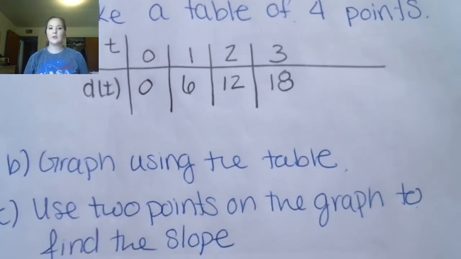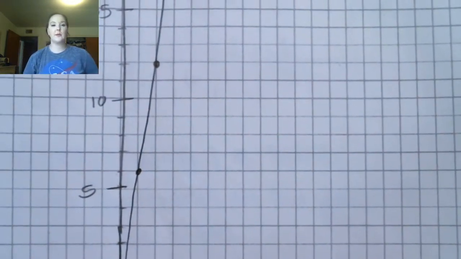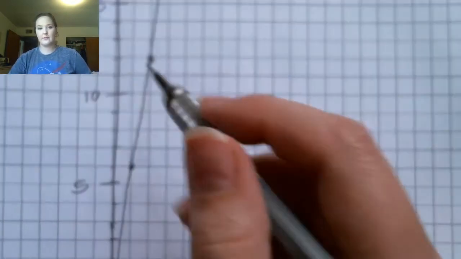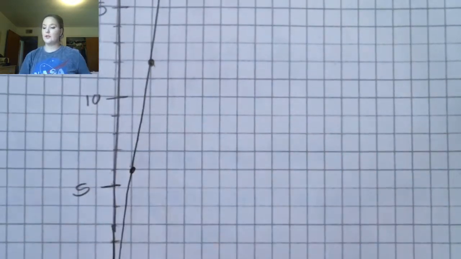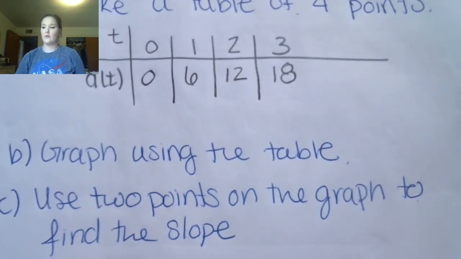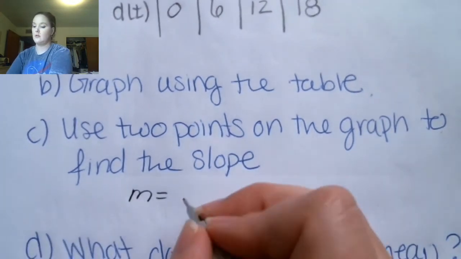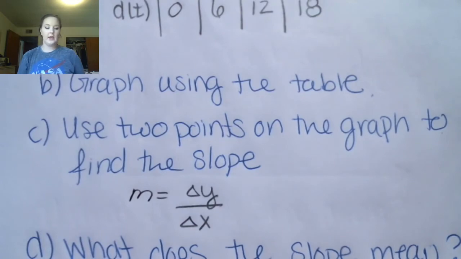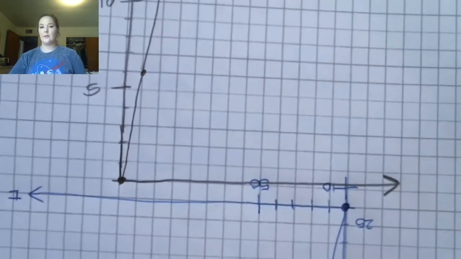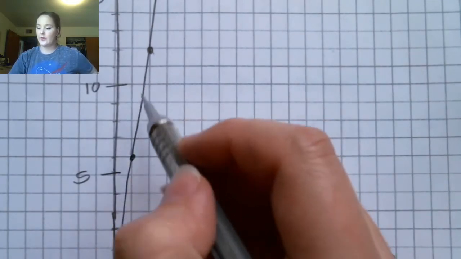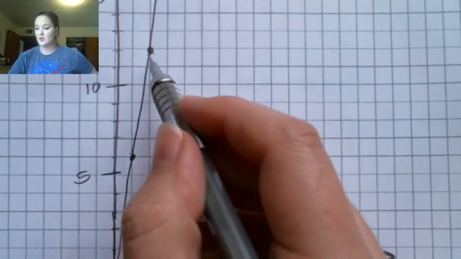Part C says use 2 points on the graph to find the slope. We know from the previous example that it doesn't matter which points, so I'm just going to choose these two. Now I'm going to do, again, the change in y over the change in x. If I look at this graph, the change in y is going from 6 to 12.